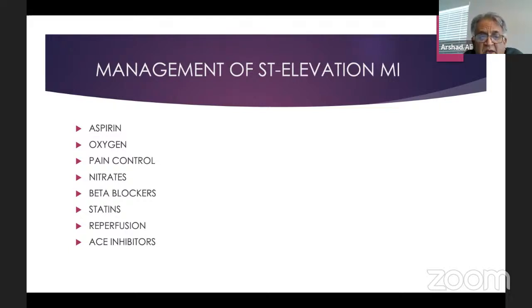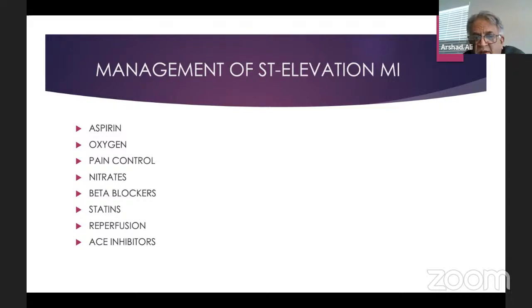The second thing to consider is oxygen. We used to give oxygen to anyone we knew was having a heart attack: let's put them on oxygen, 2 liters, 3 liters, 4 liters, depending upon them. But nowadays, the recommendation is that you check their O2 sats, and if they are below 90, please supplement the oxygen.